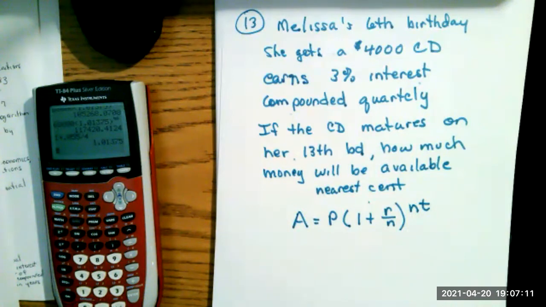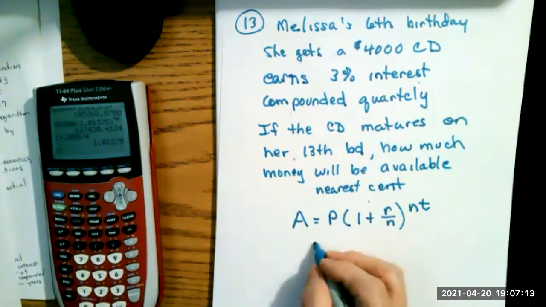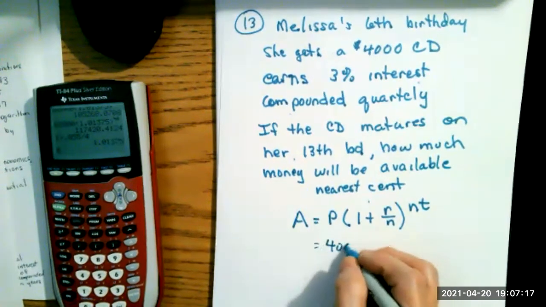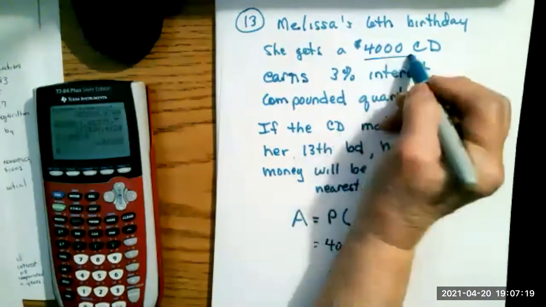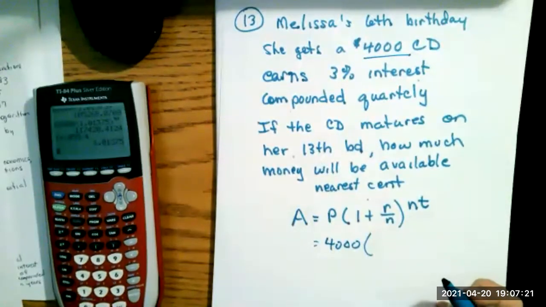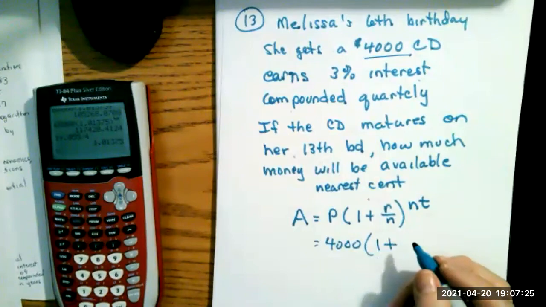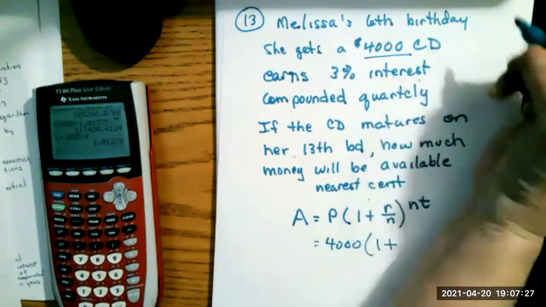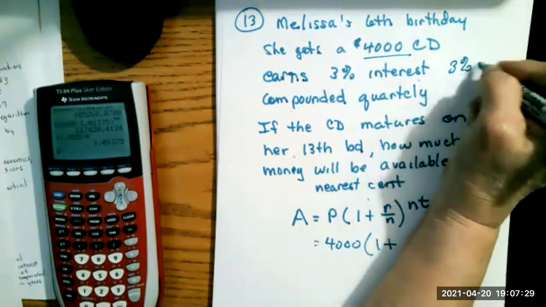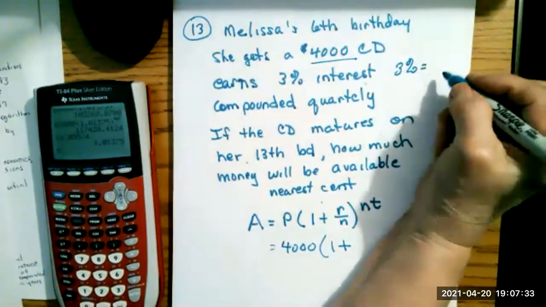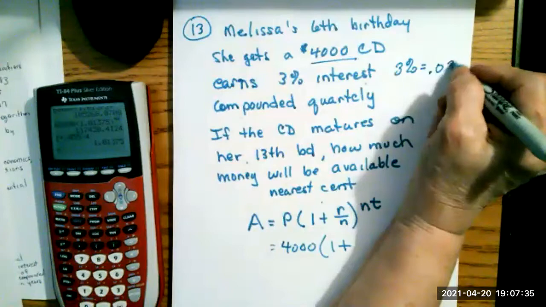Okay. What is our P? 4,000. Because that's how much it was to start with. 1 plus, I need the R. How do I write 3% as a decimal? 0.03.